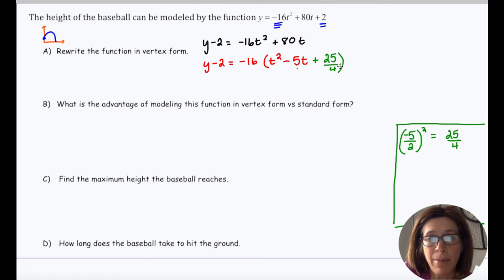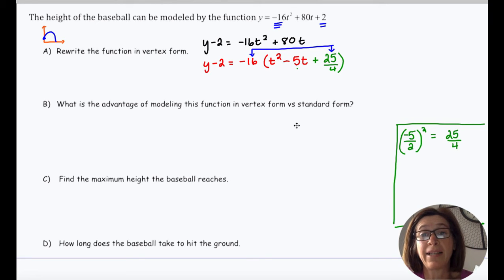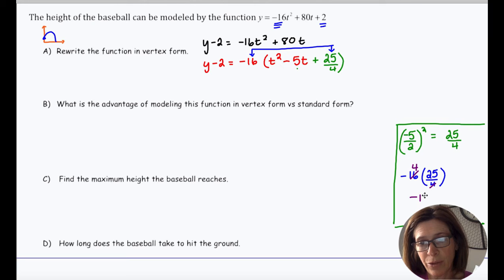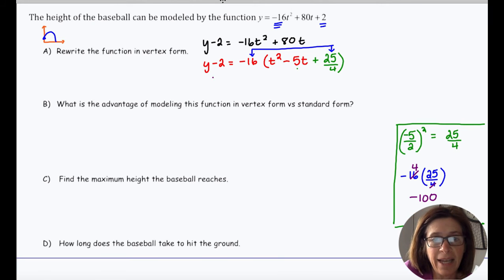But now we have to remember that when we pull out a coefficient, we actually have to multiply that number to that number because that's what you actually added to the equation. So I'm going to multiply negative 16 times 25 over 4, which is going to give me negative 100. So I'm going to add negative 100 to the other side.